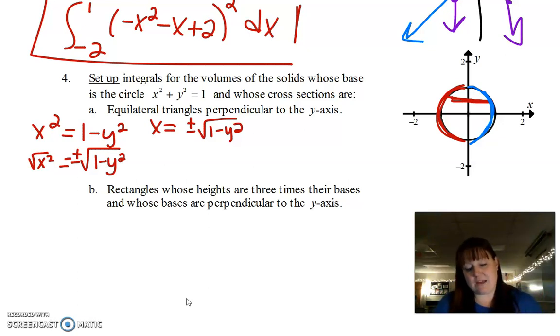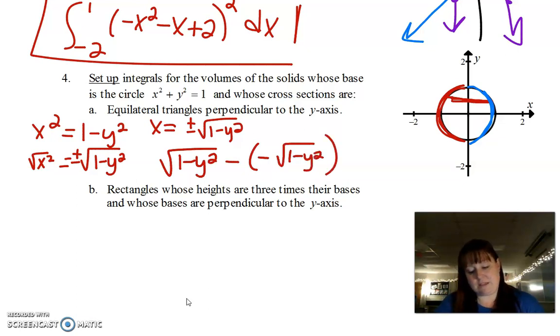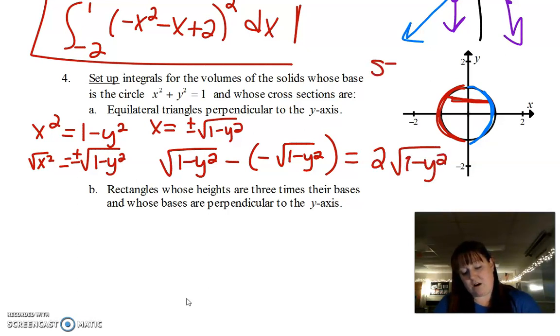The right is the square root of 1 minus y squared, and the left is negative the square root of 1 minus y squared. So the right minus the left is really two of those, because we're subtracting a negative, so that makes 2. So the side of our equilateral triangle is 2 times the square root of 1 minus y squared. Okay, so we have our side length.